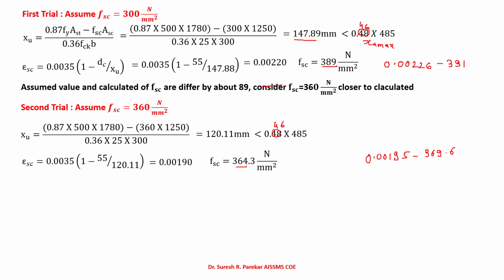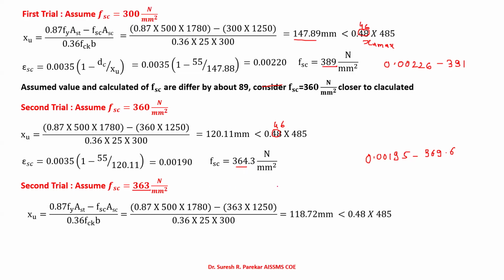So again, in between, closer to 369, we have considered this one. And then 363. And then from this, we are going to get the value of XU 118.72, again less than 0.46, 485. And this value comes 364.